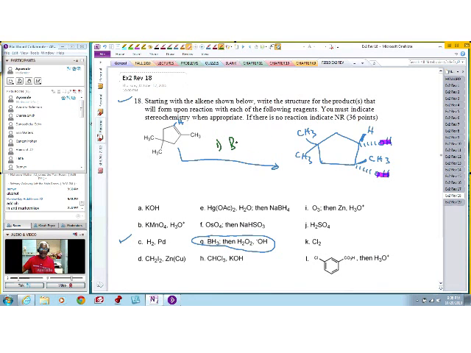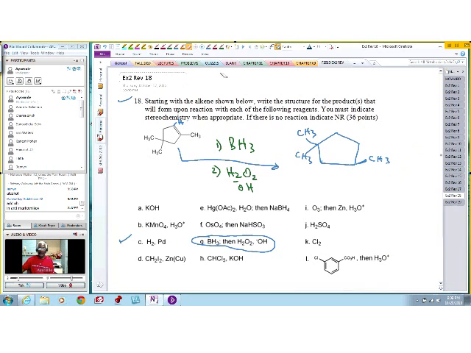So you have step 1, borane, and step 2, hydrogen peroxide in basic medium. What that reagent does is to add hydrogen and OH across the carbon-carbon double bond.